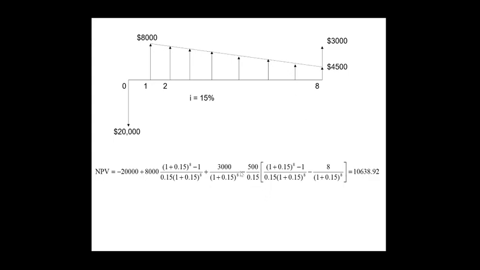So here is minus 500 divided by 0.15, and here is the arithmetic gradient present worth factor. Okay, and we have the result here.